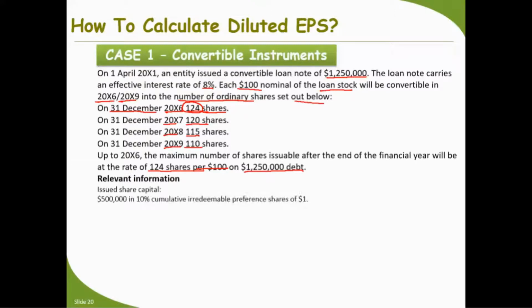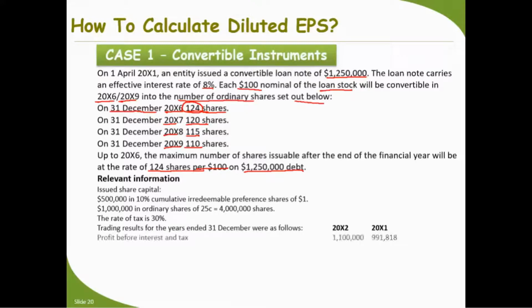Other relevant information: issued share capital of $500,000 in 10% cumulative irredeemable preference shares of $1, and 1 million in ordinary shares of 25 cents. It means 4 million ordinary shares. The rate of tax is 30%.